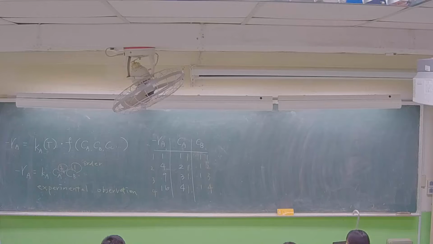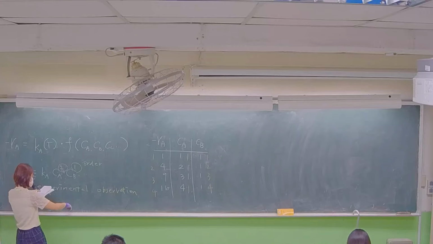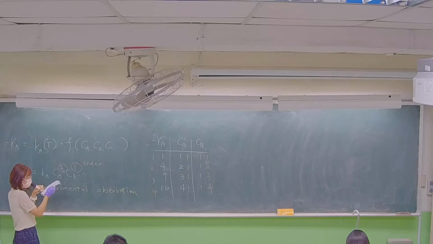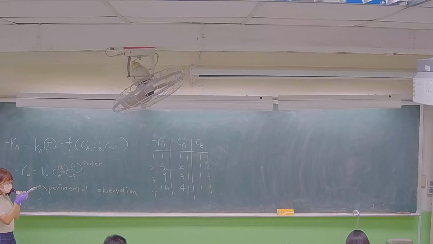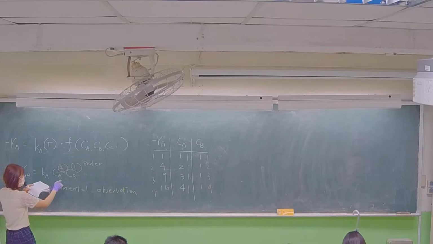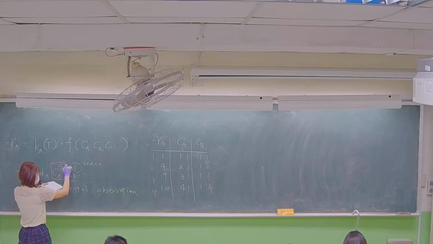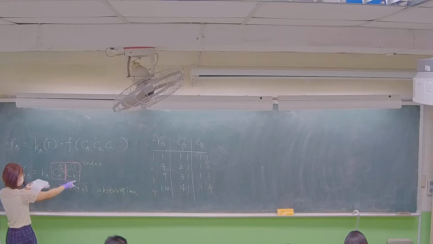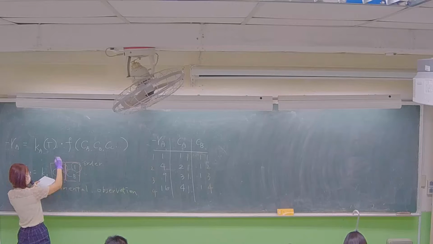Okay, so the second one, rate law is the product of concentrations of individual reacting species, individual species A and B, and each raised to an order, to a power. It is also the power, the order, the power.